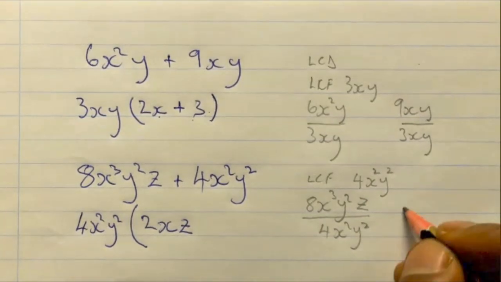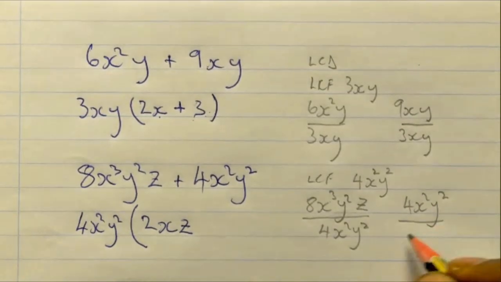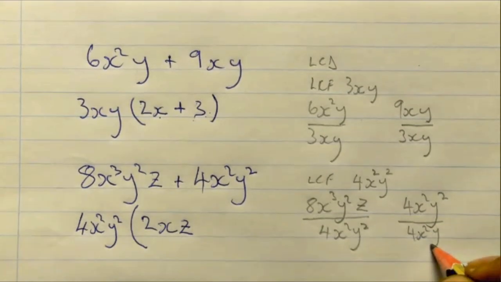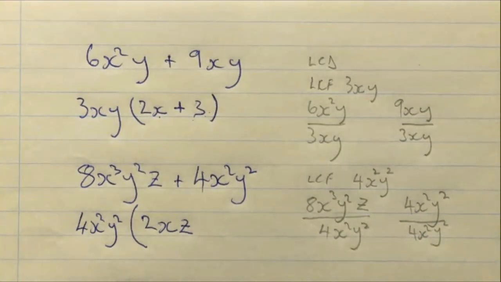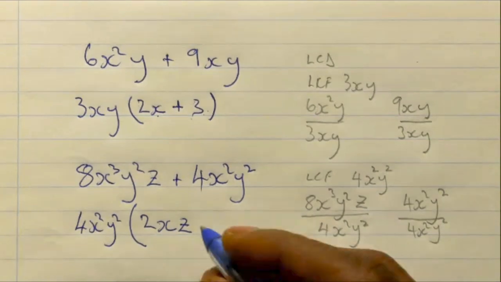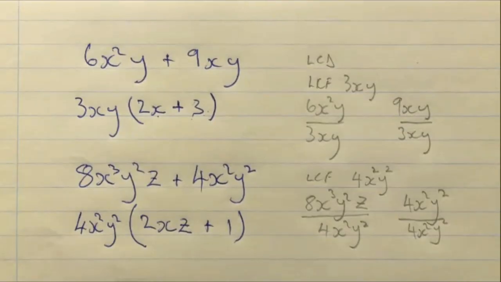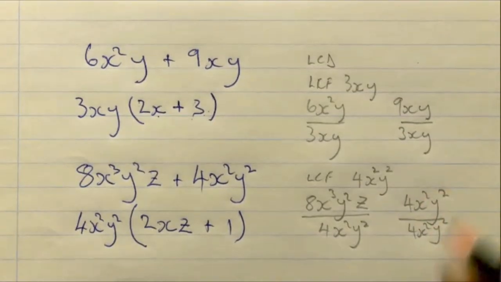Then I do the same thing again. 4x squared y squared. This one you do once. Anything divided by itself is 1. Then you are done. Okay, you don't need to waste time doing that. The teacher doesn't give you marks for those strokes.